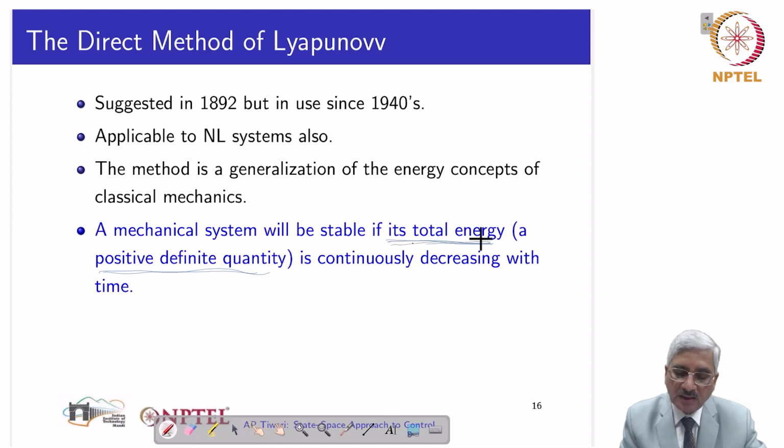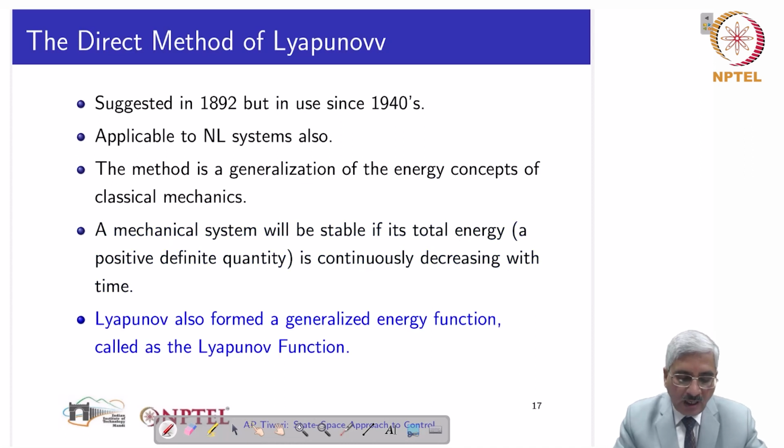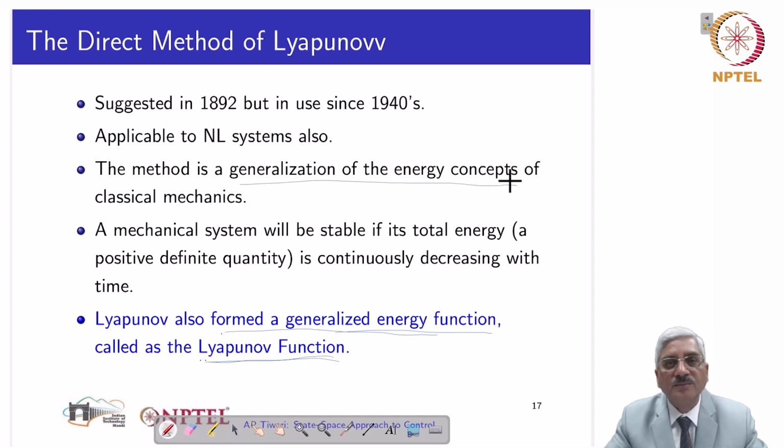If this total energy of a mechanical system is continuously decreasing with time, then this mechanical system will be stable. Similar is the generalization of the energy concept by Lyapunov, and there a generalized energy function called the Lyapunov function has been suggested. It is a generalization of energy concepts from classical mechanics.